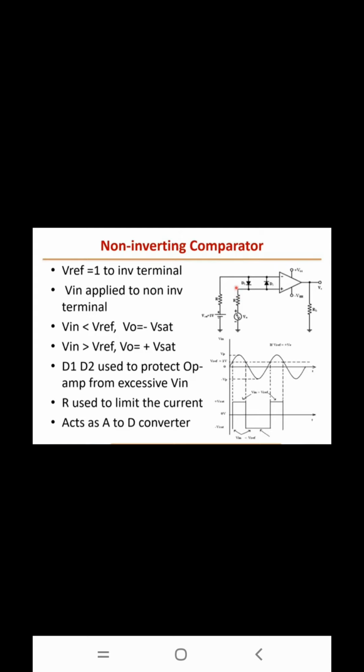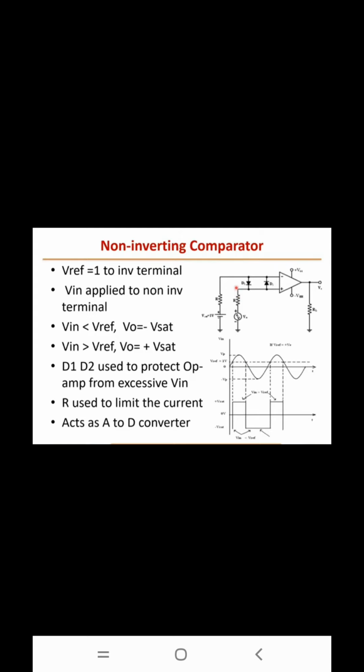When Vin is greater than V reference, V0 is at positive Vsat. On the other hand, when Vin is less than V reference, V0 is at negative Vsat. Here the amplitude of Vin must be large enough to pass through V reference.